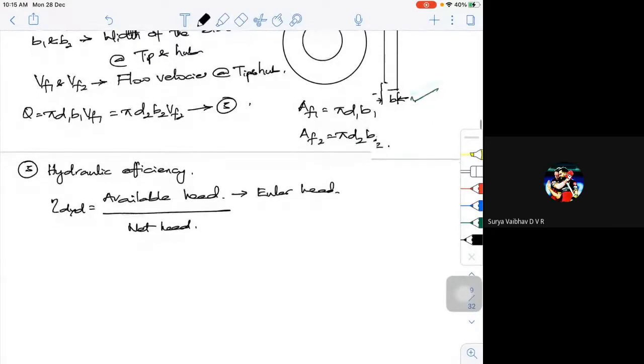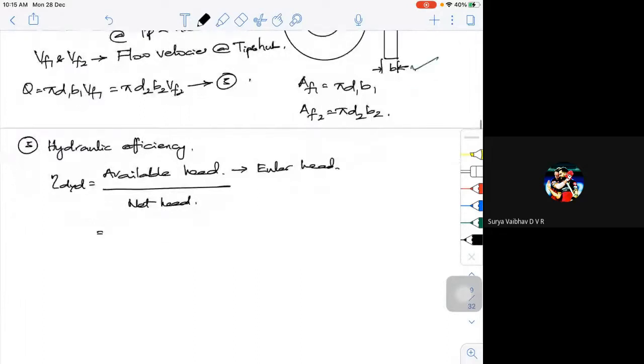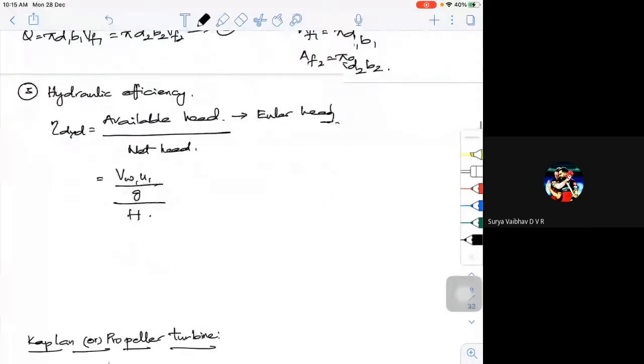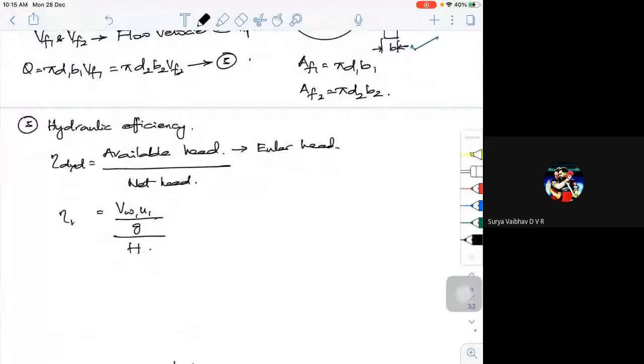I can write this as VW1 into U1 by G divided by H, the net head. So the hydraulic efficiency or vane efficiency is VW1 into U1 divided by G into H.